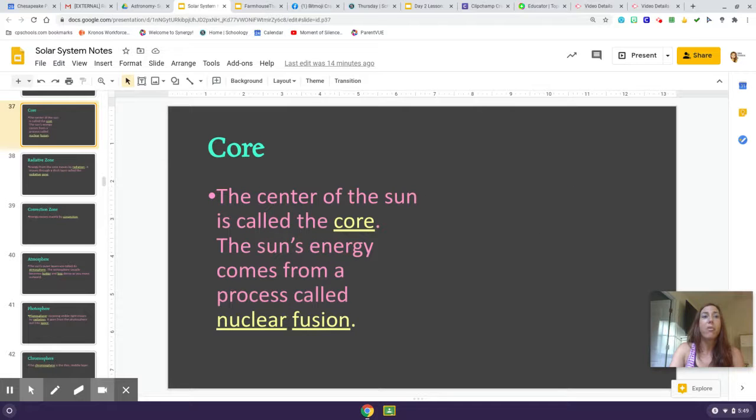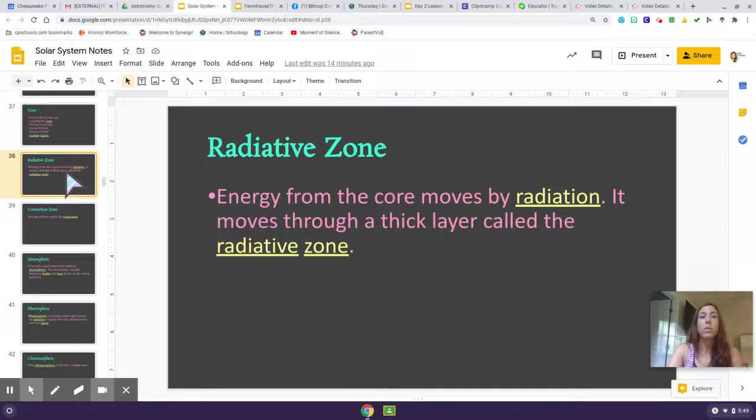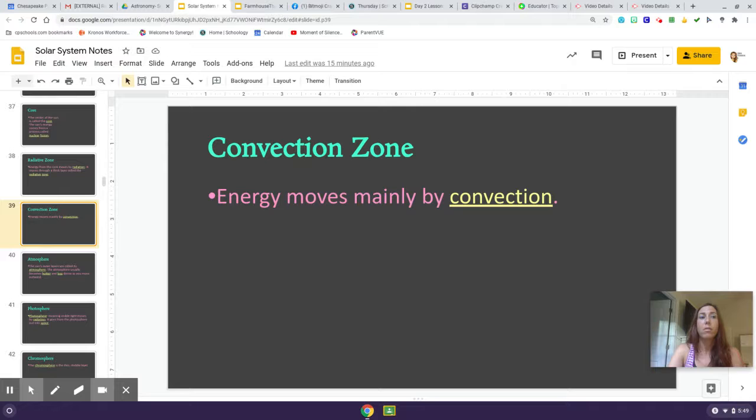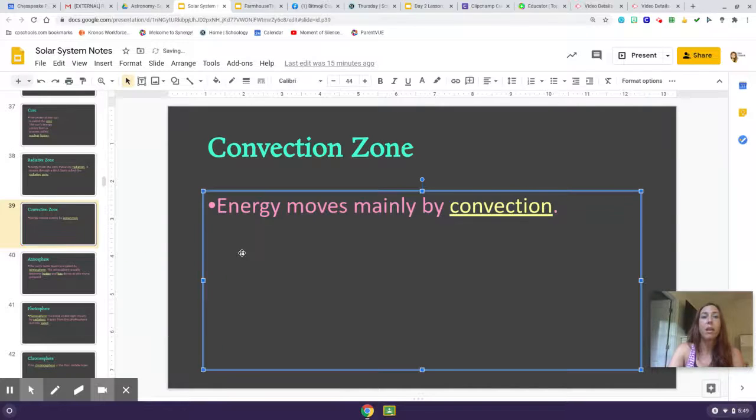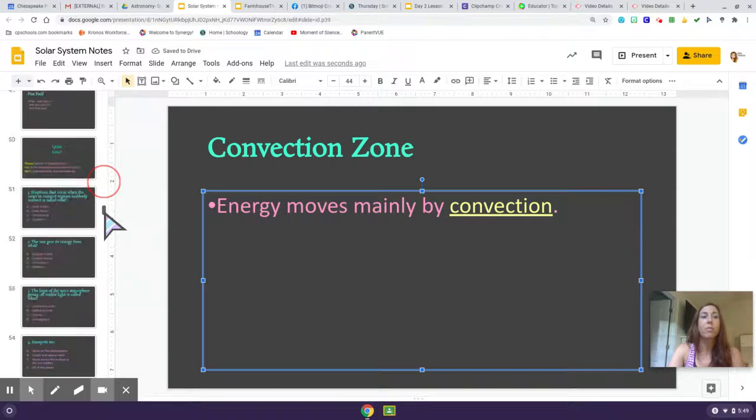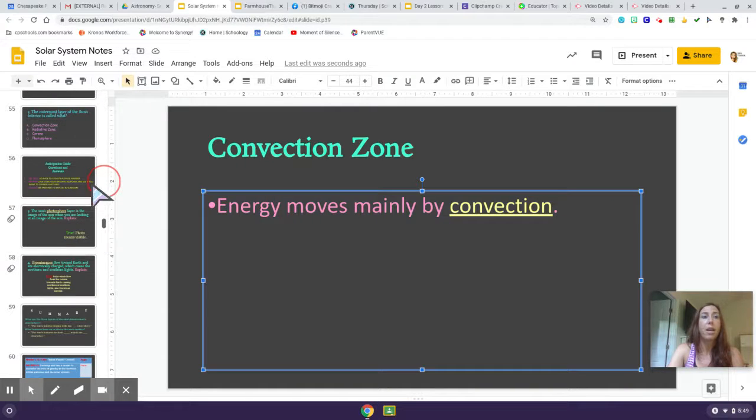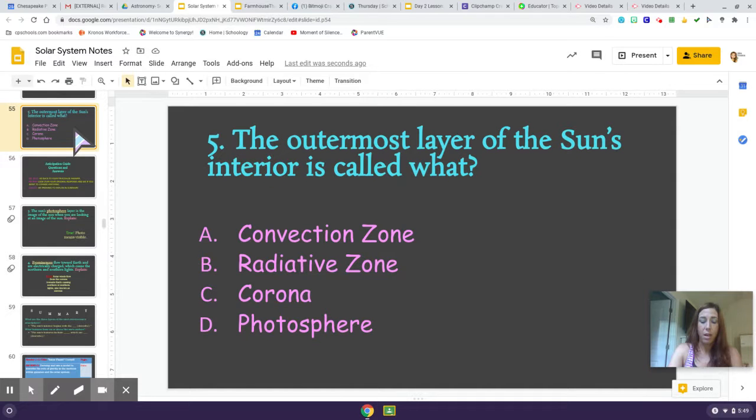And we have the core, the radiative zone, and the convection zone. So the outermost layer of the inner part of the sun is called the convection zone. Great job. And that would be A.